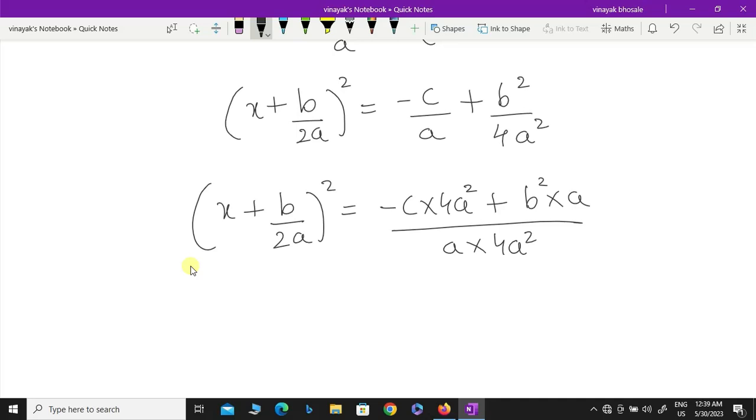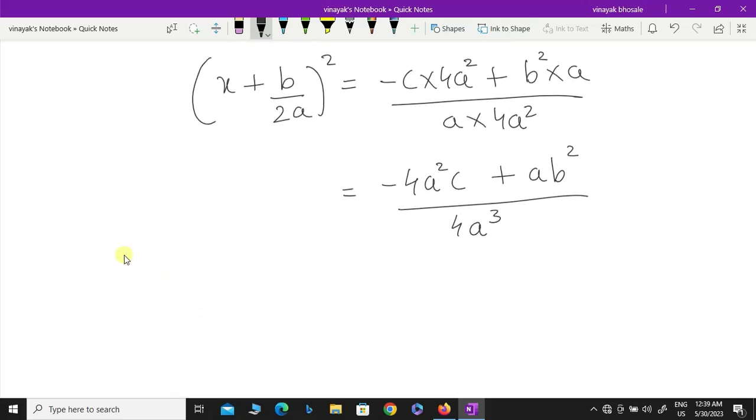So it's basic math. So minus 4a squared c plus ab squared divided by 4a cubed. Okay. So this term will stay as it is for now. So x plus b by 2a whole squared.